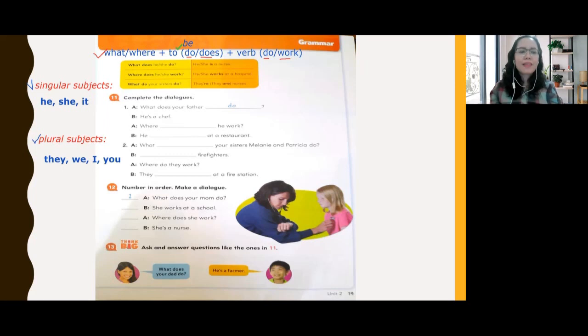The subjects like he, she, and it belong to singular subjects. It means that the actor who does the activity in a sentence is only one person or consists of one thing or one item.